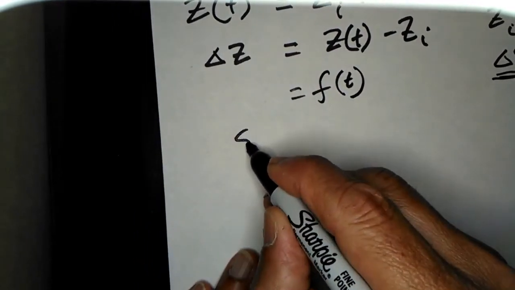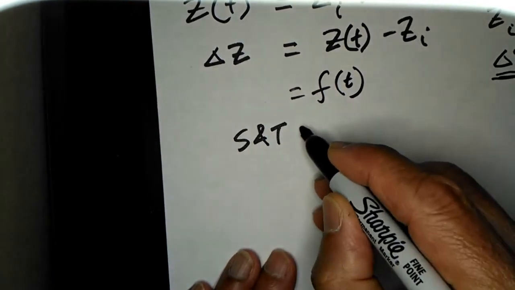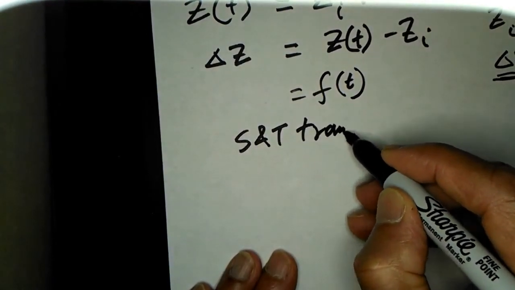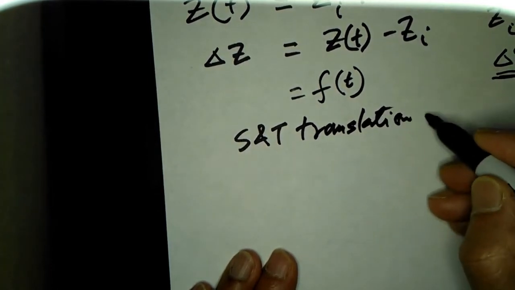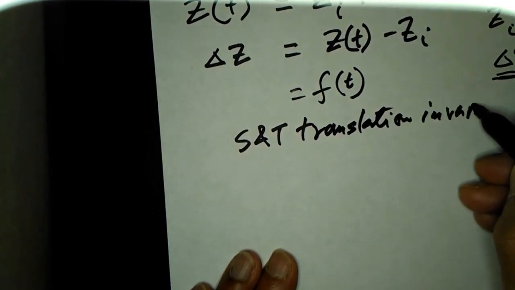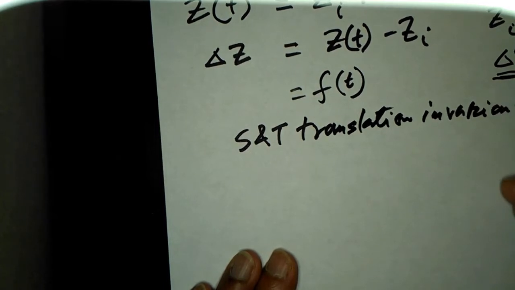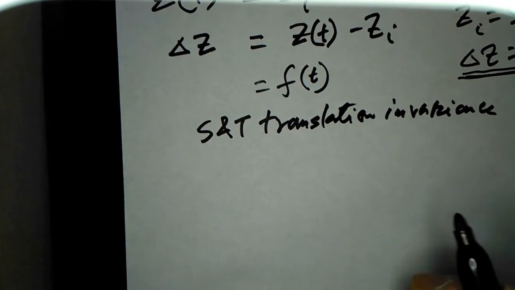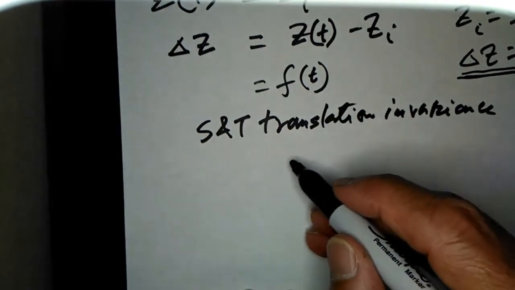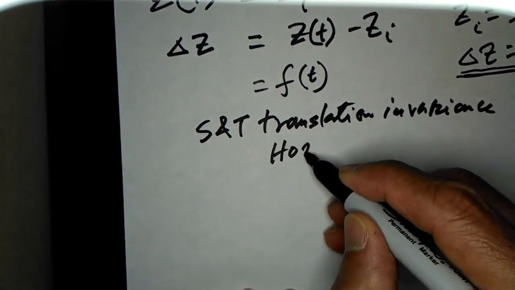It's called space and time translation invariance. This also relates to what is called space-time homogeneity.